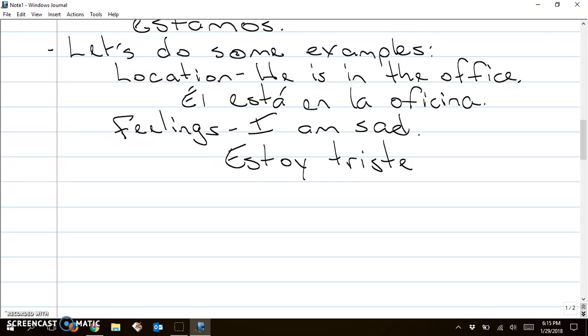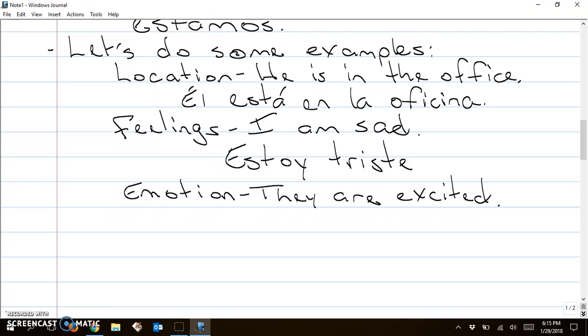And finally, an emotion. They are excited. Now, excited is an adjective, so it has to match the noun. It is referring to they.